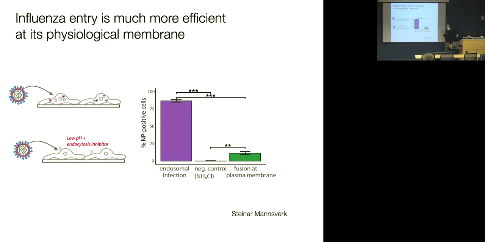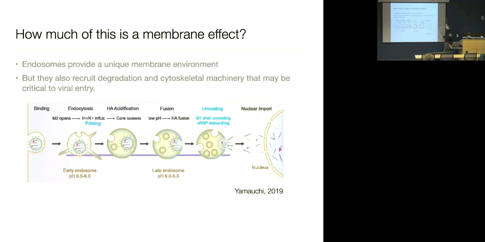And so you can ask, why? Is this a membrane effect, or does this have to do with all the sort of important trafficking that happens in the endocytic pathway, right? Because endosomes travel along microtubules, they recruit a bunch of degradation machinery, and a bunch of this has been shown important to viruses, especially viruses that end up replicating inside the nucleus.